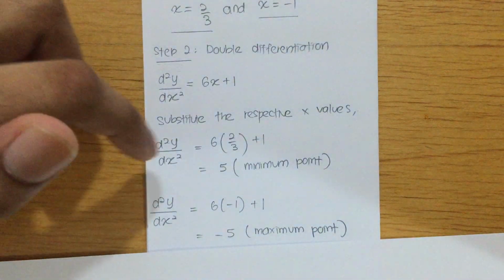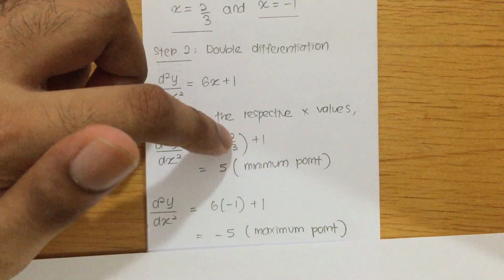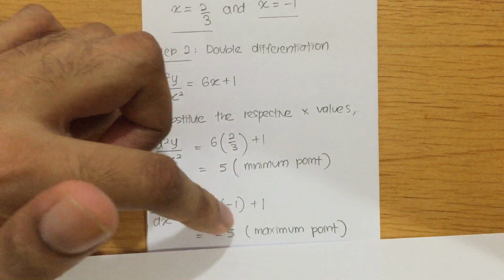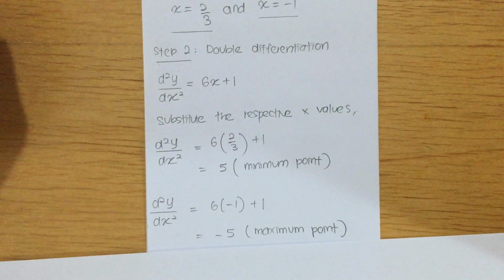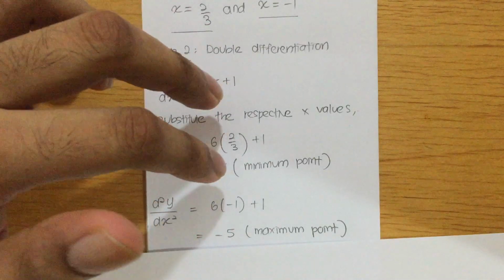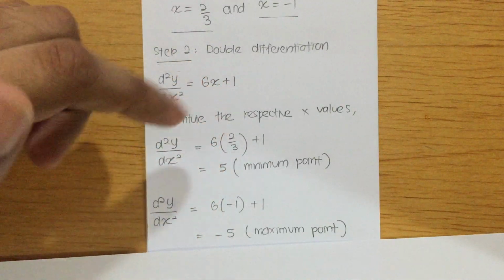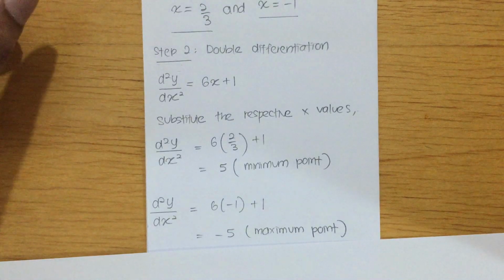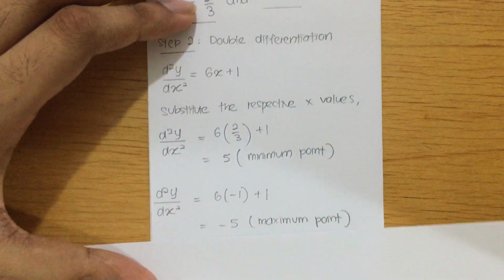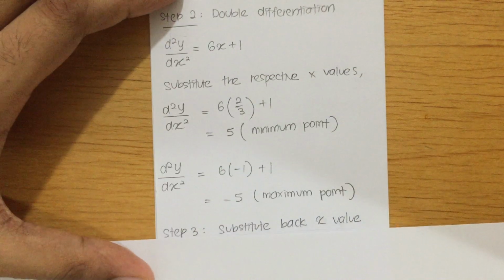Alright guys, you already know 2/3 gives you a minimum point and -1 gives you a maximum point. So now we need to find the respective y value. So what we're going to do now is use this x coordinate and substitute back into the original equation of the curve to find the respective y coordinates. So let us proceed to the next step.